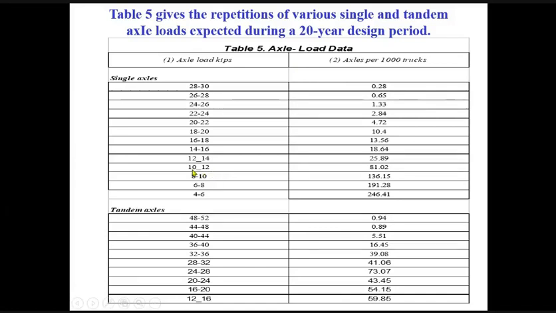The load on the front axle of the vehicle was between 10 to 12. It was 11.878 to be very precise. So the truck factor is 81.02, and this is a single axle load. That's why I have a single axle load of 81.02, and I've divided that factor by 1,000 because this 81 is for 1,000. So obviously for one truck, we have to divide 81 by 1,000.